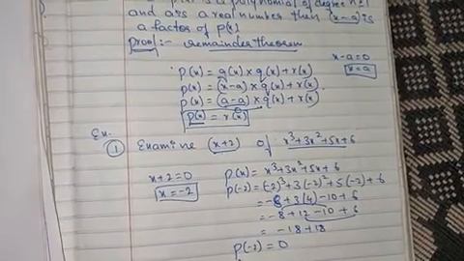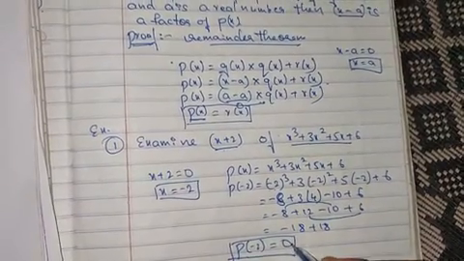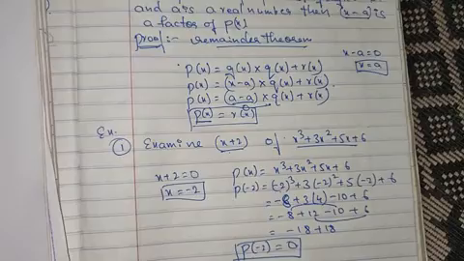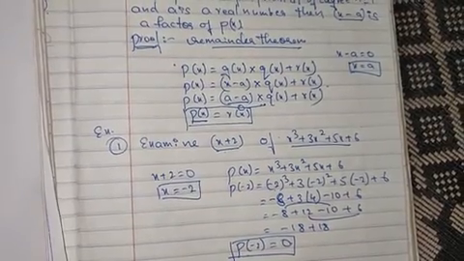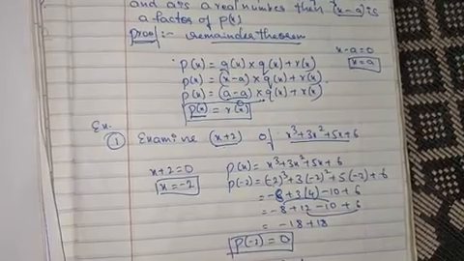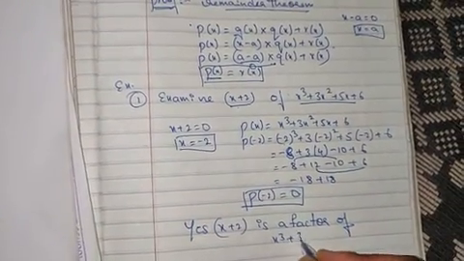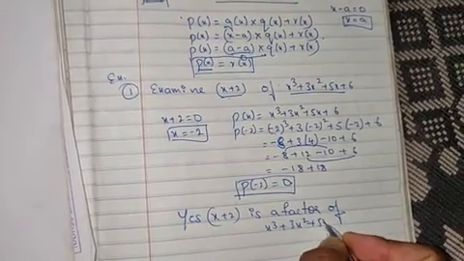So p of minus 2 is equal to 0. So if the value is equal to 0, then we can tell that yes, x plus 2 is a factor of x cube plus 3x square plus 5x plus 6.